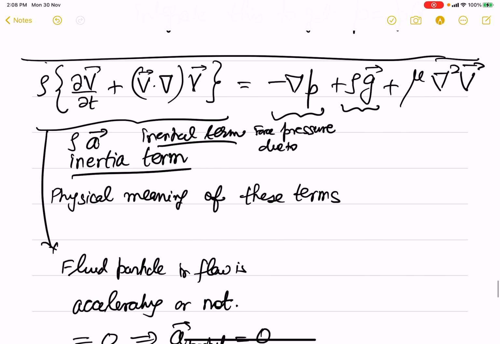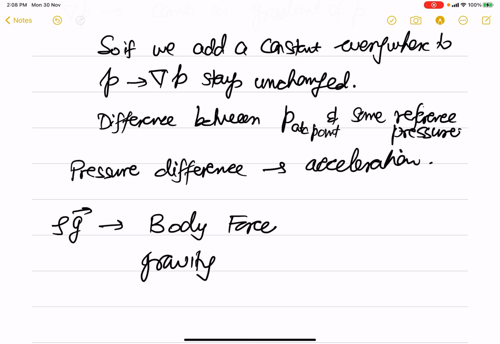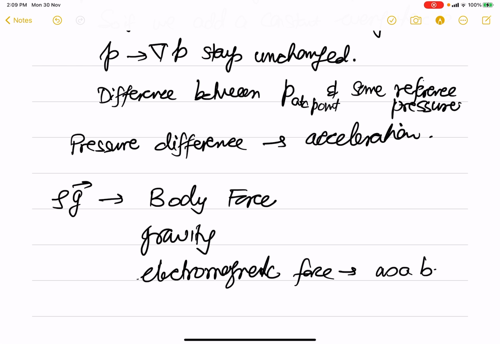Then we have the rho g term, and this is just the body force. So let's write this term. The rho g term in the equation is the body force, and in general problems, if we have gravity, then g will be the acceleration due to gravity. If there is an electromagnetic force, this will also come in as a body force.